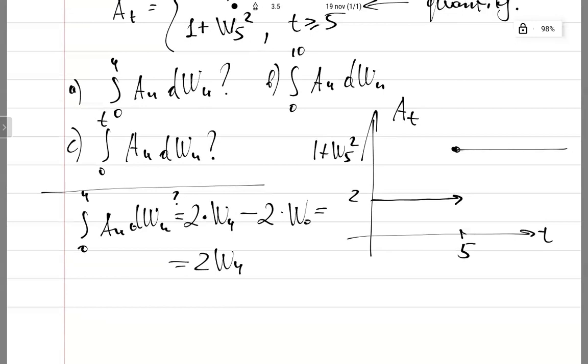Okay, the second one, the integral from 0 to 10 of A_u dW_u. Oh, may I ask a question? Can you please clarify the previous point? How did we get 2 W_4?